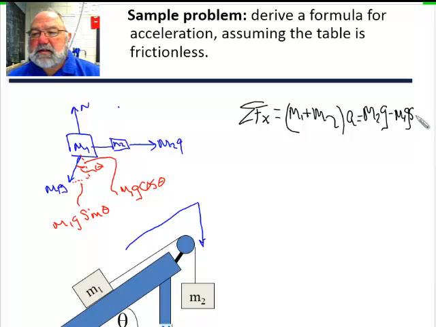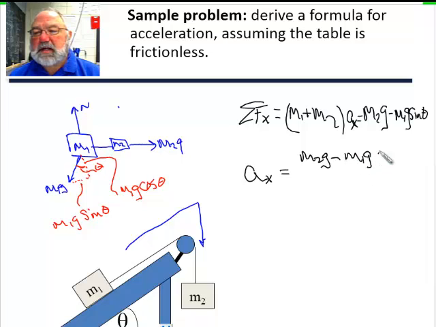We've been asked to find the acceleration, so let's solve for it. Acceleration in the x direction is equal to m2g minus m1g sine theta, divided by m1 plus m2.